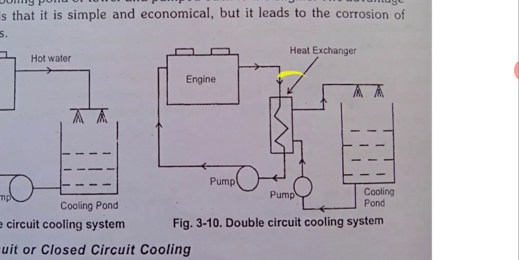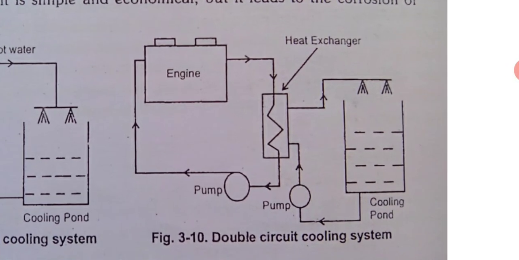Whereas in the double circuit cooling system, like in a steam power plant, if you just recollect, there is an engine. The cold water is supplied to the engine. It carries the heat from the engine, becomes hot, and comes to a heat exchanger. In the heat exchanger it is cooled and comes back to the pump, and the circuit is complete. But here the heat exchanger is working in conjunction with a cooling pond or even a cooling tower.